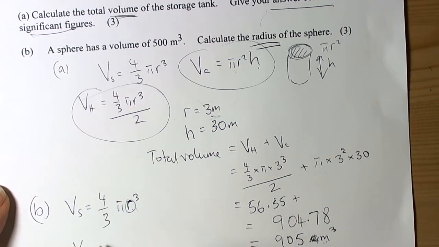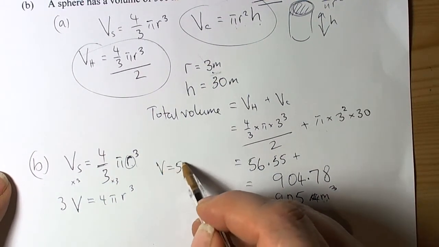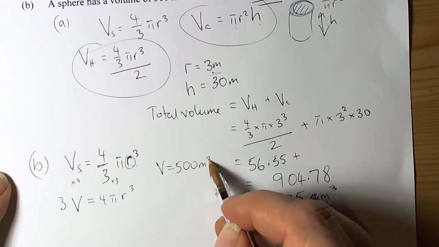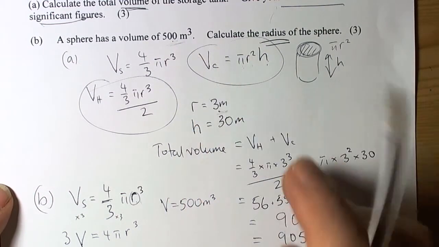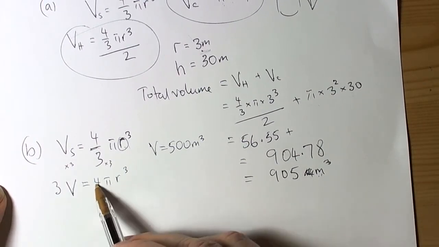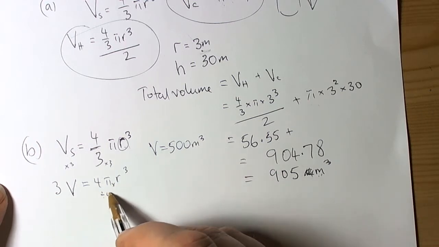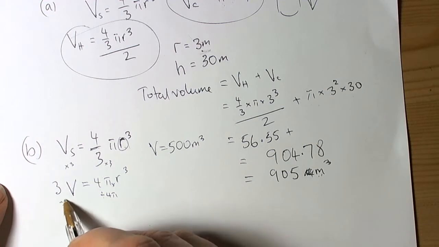So we need to rearrange this. The volume times 3, because we're going to take the divide 3 across by multiplying. So we multiply by 3 first, and that gives us 4 pi r cubed. We know that V is 500 cubic meters, because that was given to us in the information of the question. Now we want to get r on its own, so 4 pi needs to move, and that 4 pi is multiplying r cubed, so to move it we do the inverse and divide.